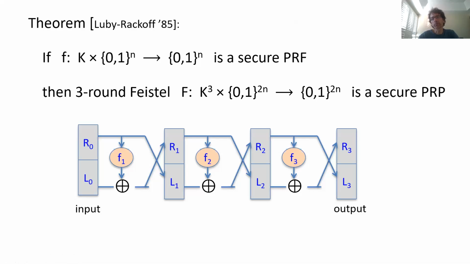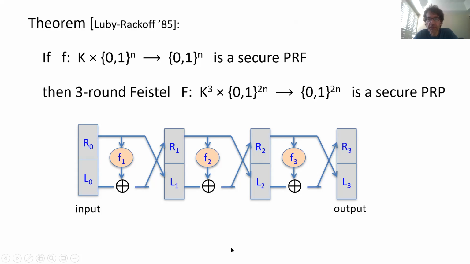Here is the Luby-Rackoff theorem about this. It is that 3 rounds of these Feistel permutations, if F1, F2, F3 are 3 instances of a PRF with 3 independent keys, then the whole thing is a PRP, meaning that you should know what a PRP is, but I'll repeat.